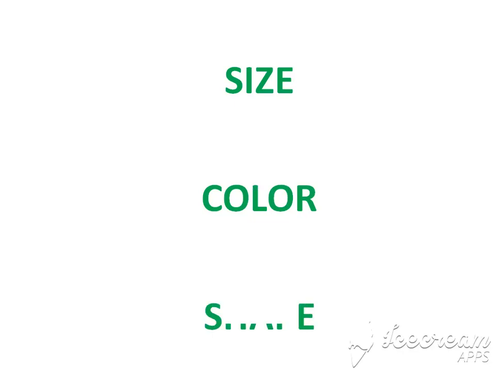So we use adjectives to describe nouns and things in terms of size, color, shape, or anything like that.